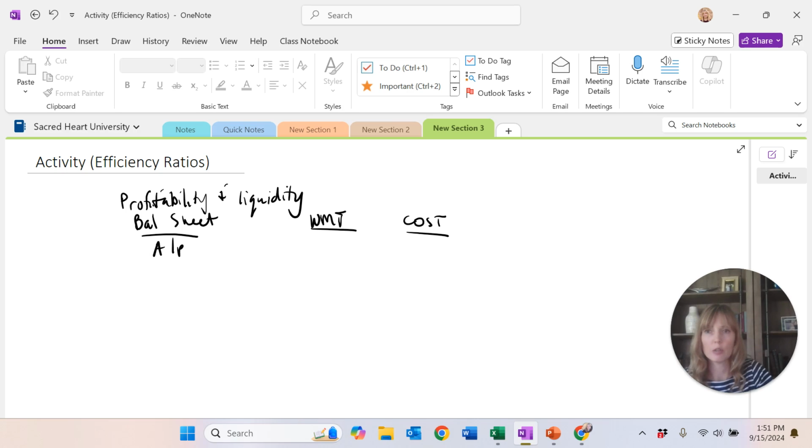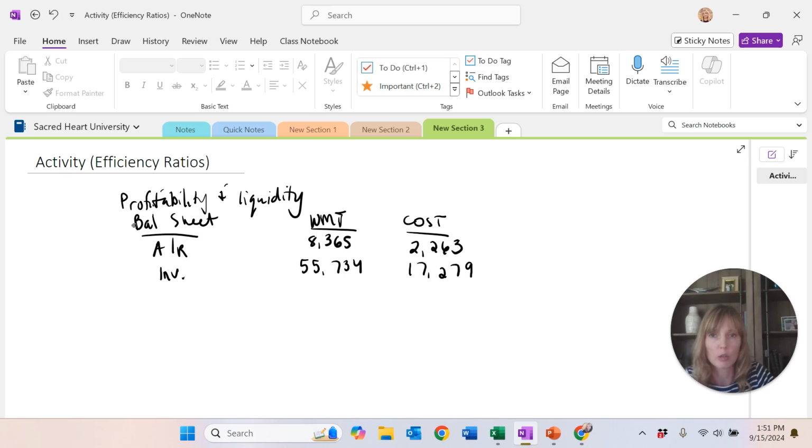We have accounts receivable for Walmart 8365, for Costco 2263, inventory 55,734, 17,279. Okay, so we can see so far Costco is quite a bit smaller.